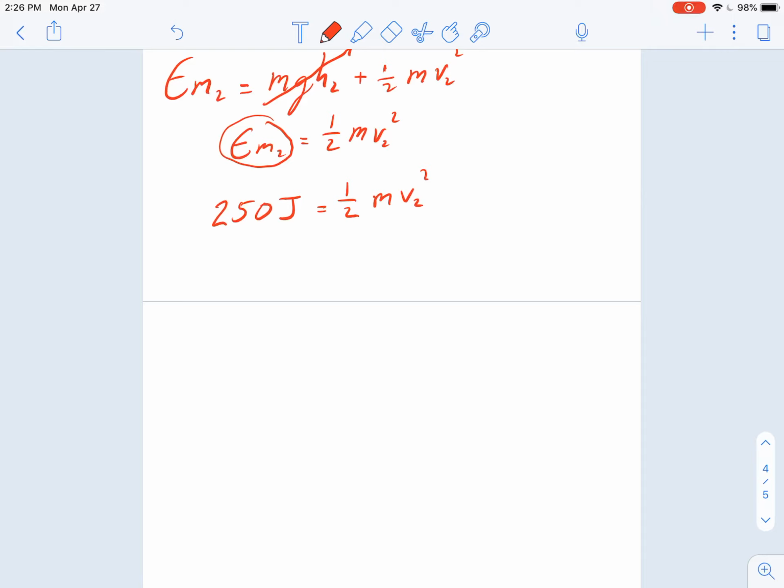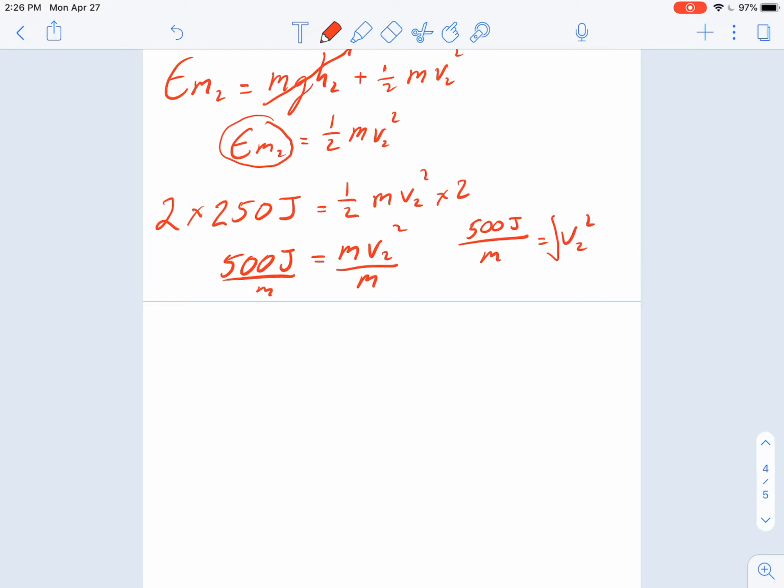We need to isolate for v, so we're going to multiply both sides by 2 to get rid of the half. Get 500 joules is equal to mv2 squared. Divide both sides by m. You get 500 joules divided by m equals v2 squared. We're going to square root both sides.